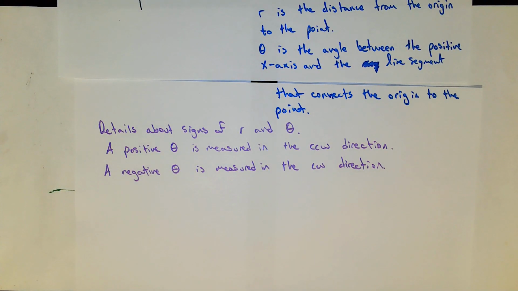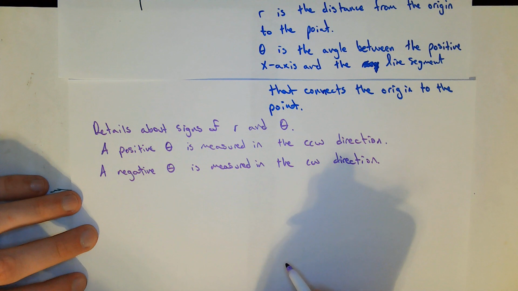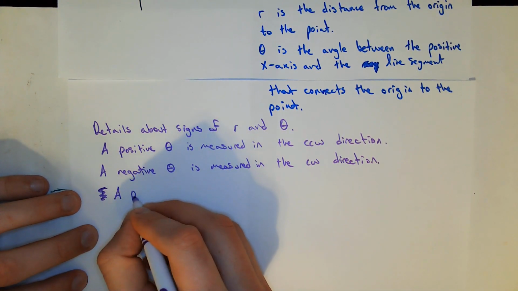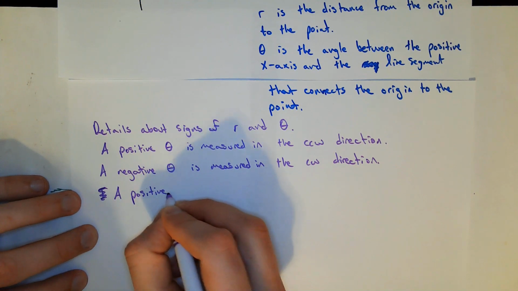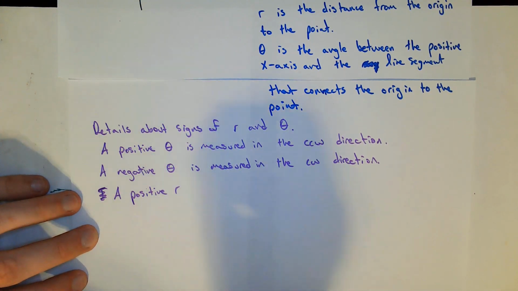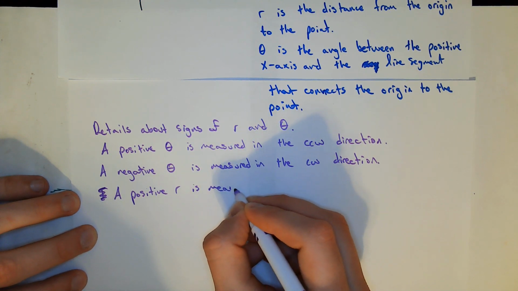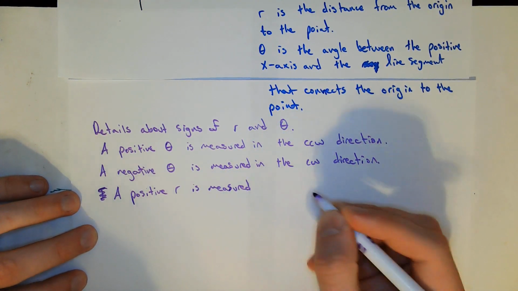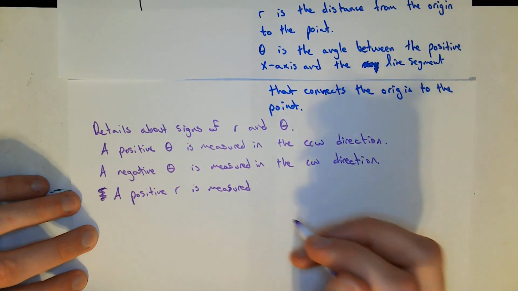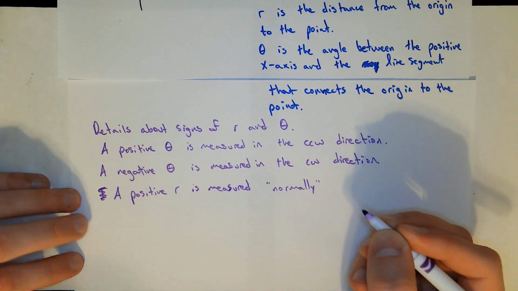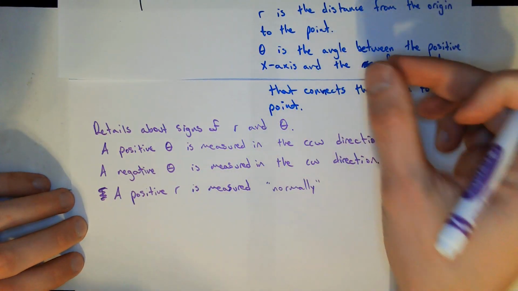Okay, r is a little weird. A positive r, I'll describe it the same way that I've described theta, is measured normally, like some radial distance away from the origin, right?